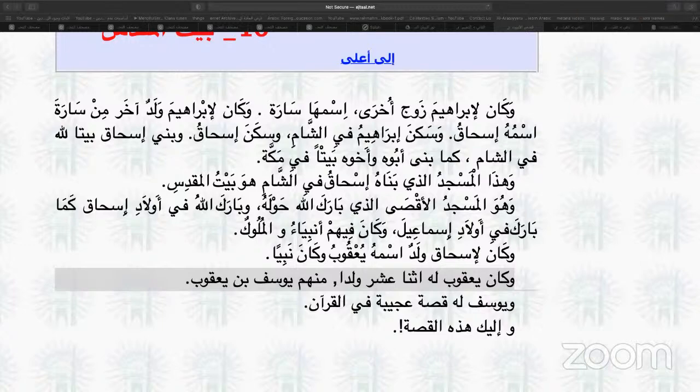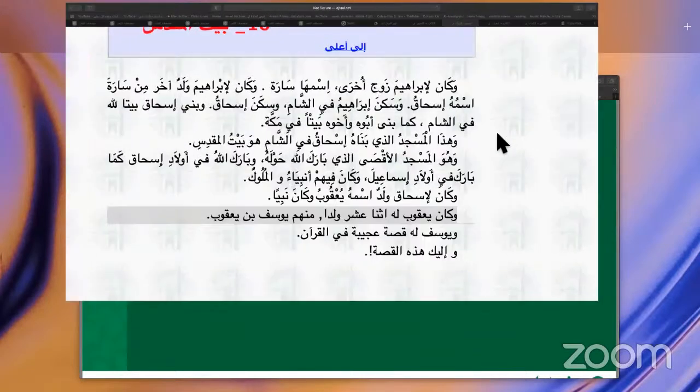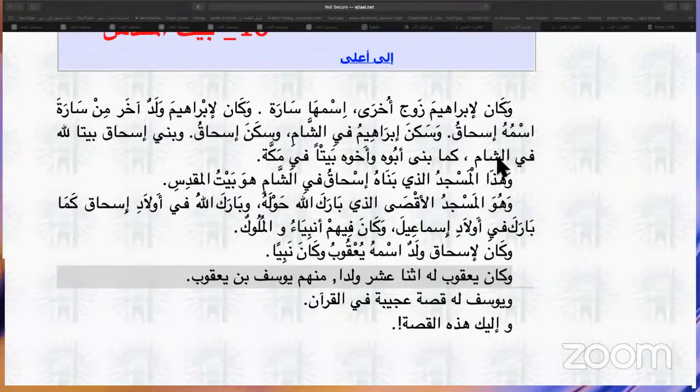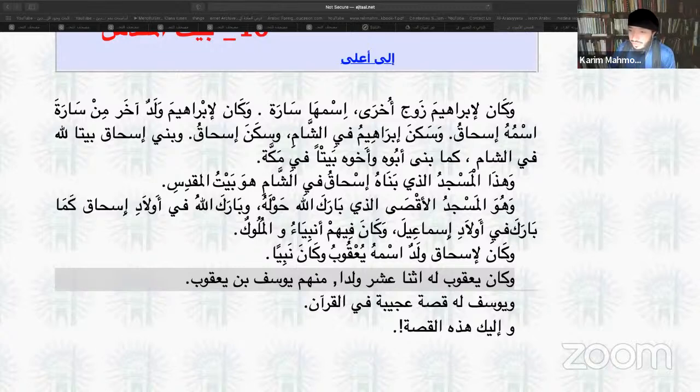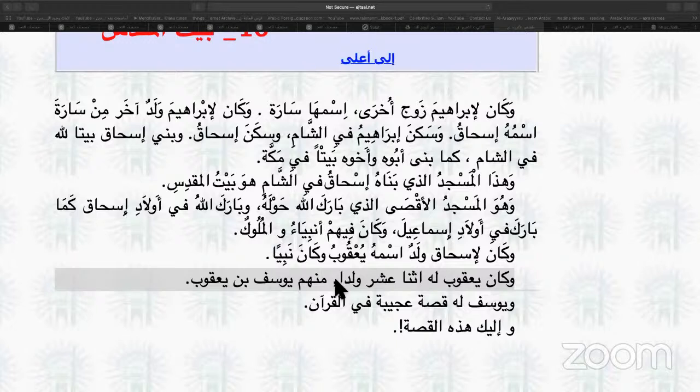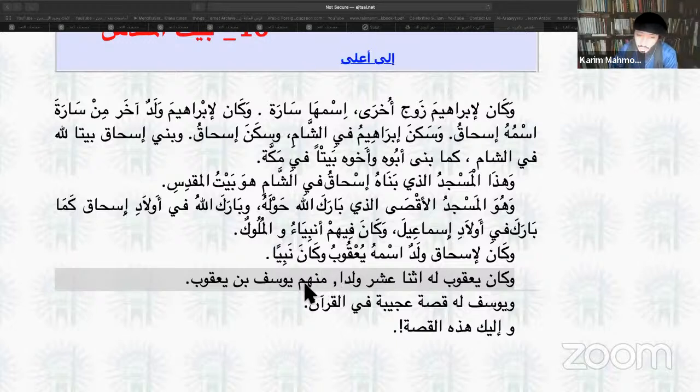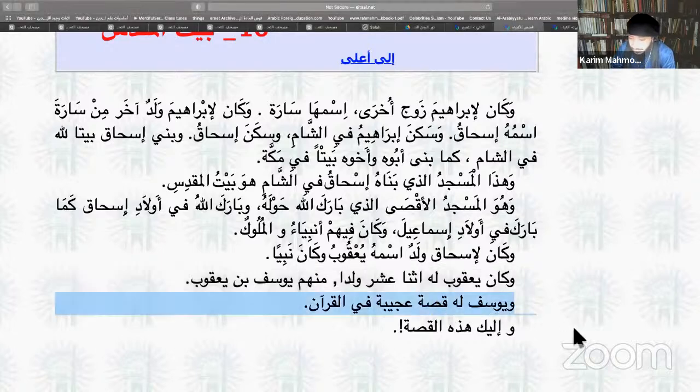And Yaqub had 12 boys. And one of them was Yusuf bin Yaqub. Min means from, home means them. From among them is Yusuf, bin means son of Yaqub. Yusuf, son of Yaqub.